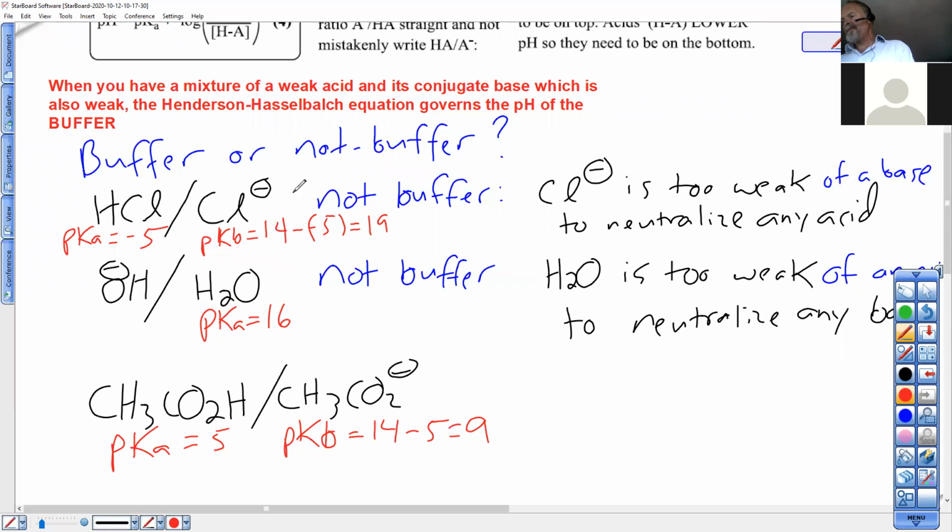Strong will always give terribly weak. Similarly here, weak comes from terribly strong. pKb, 14 minus 16. Too strong, which means this is too weak. And there you have that.